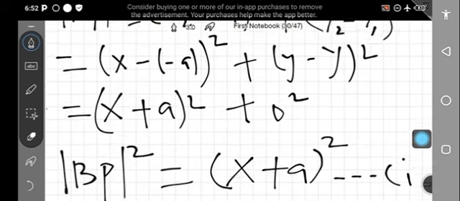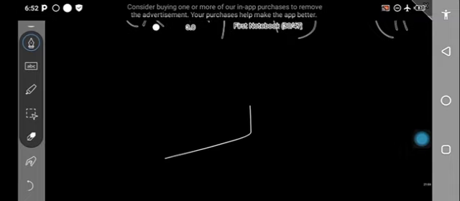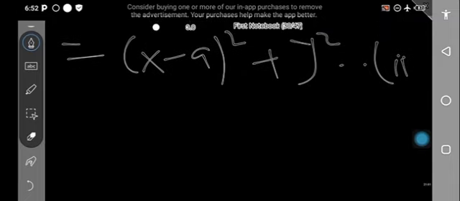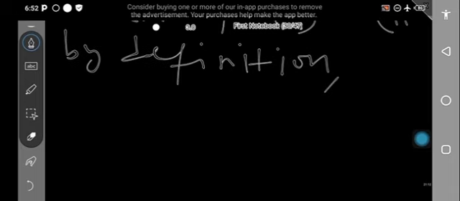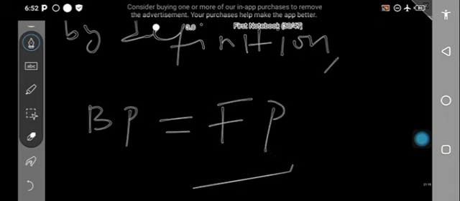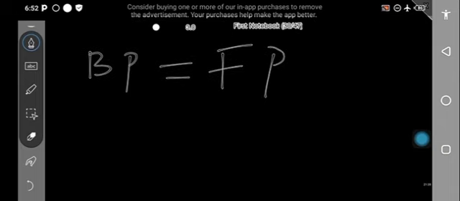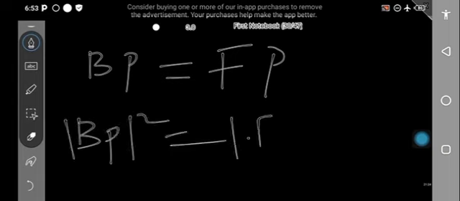So we write that by definition, BP equals FP, and we can take the square of both sides. That means the length of BP squared equals this.